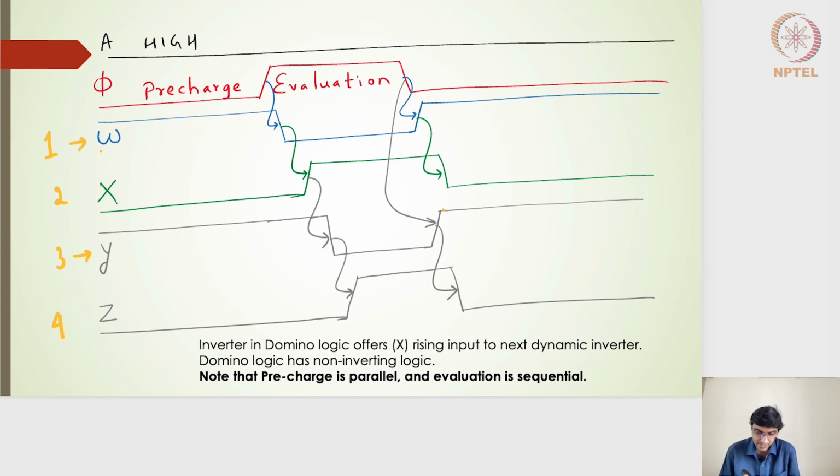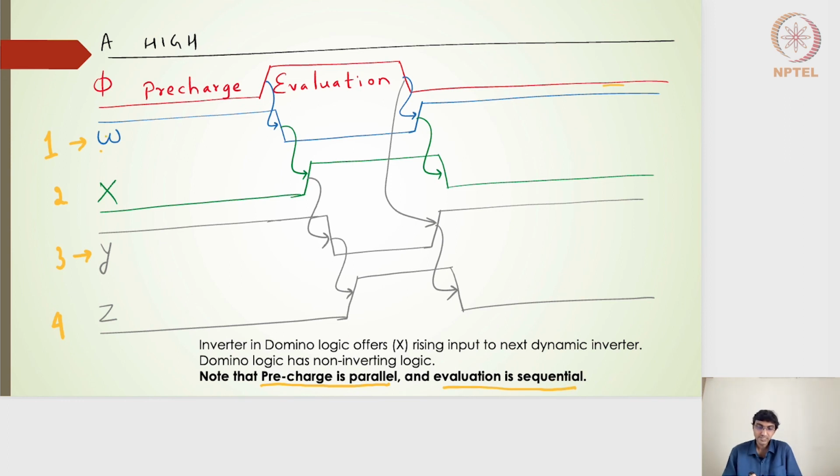And note that once the evaluation phase is complete, W comes back to 1 at the same time as Y comes back to 1, right? The evaluation happens sequentially, but the pre-charge is done at the same time. So the pre-charge for all the dynamic circuits will be done at the same time because the clock is the same, right? So I've written here the pre-charge is actually parallel, and the evaluation is sequential.